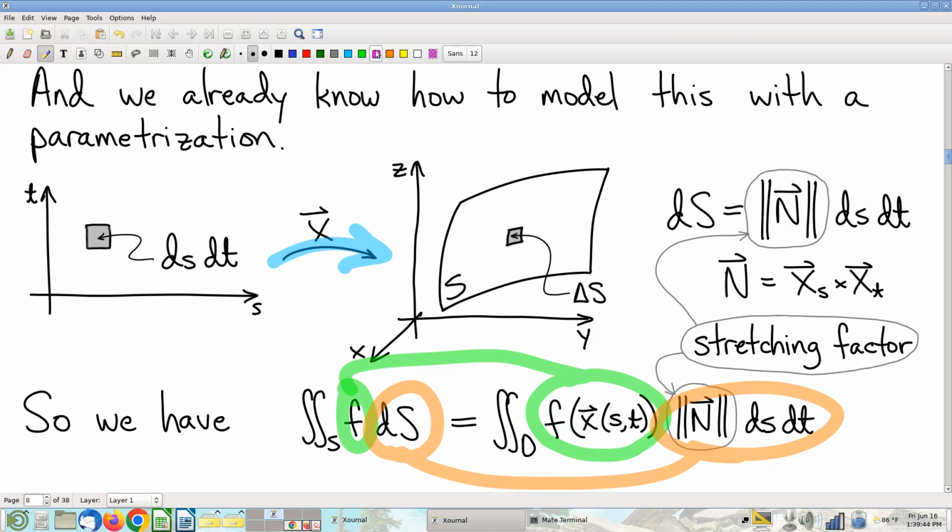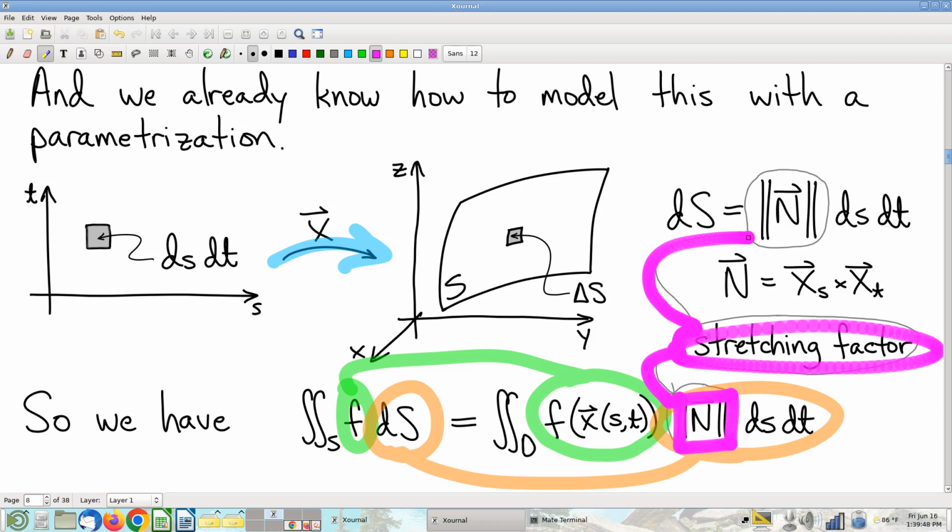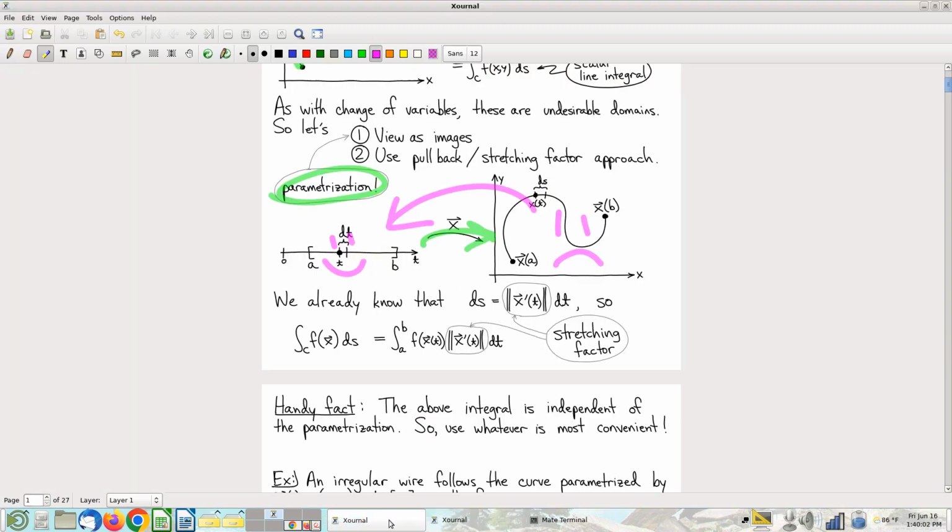Well, old news. Our stretching factor we already computed last time. There's our stretching factor, the relationship between input area and output area. Cool. Notice how it's, morally or strategically or whatever you want to call it, really ripping off the old solution that we came up with for parametric curves.